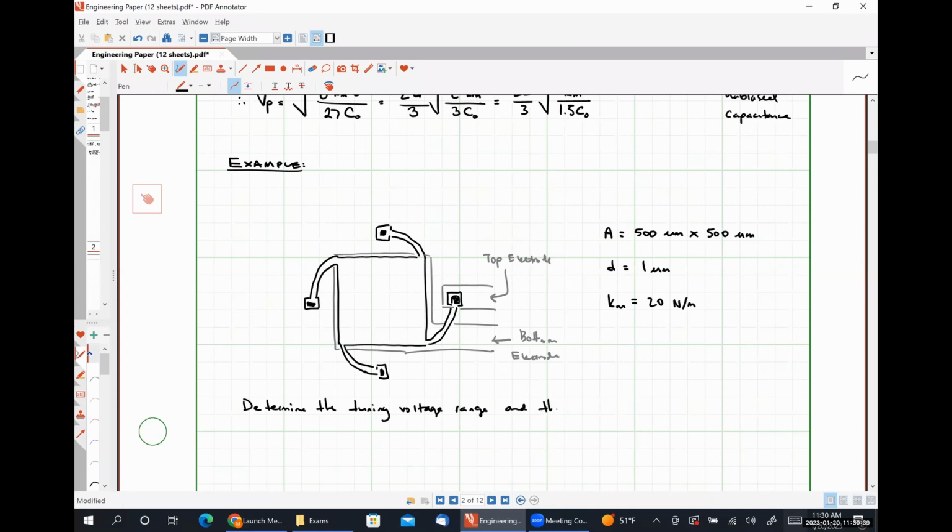And the capacitive tuning range of the system. So effectively, what are the endpoints of the capacitance at unbiased and then biased on the edge of pull-in.